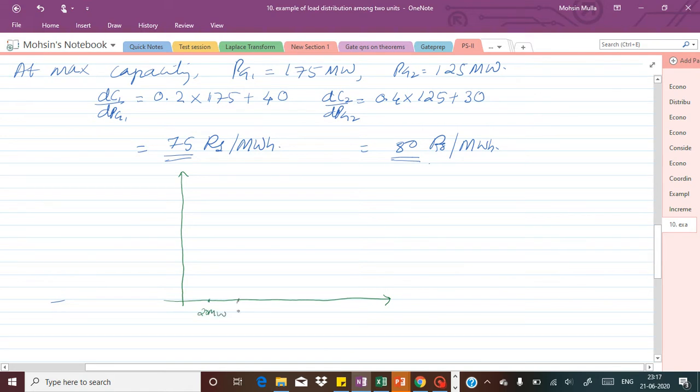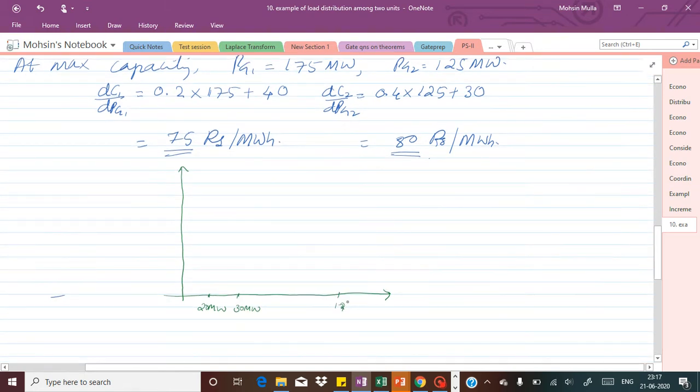For generator 2 it is 30 megawatt, and maximum is 175 for first generator and 125 for second generator.